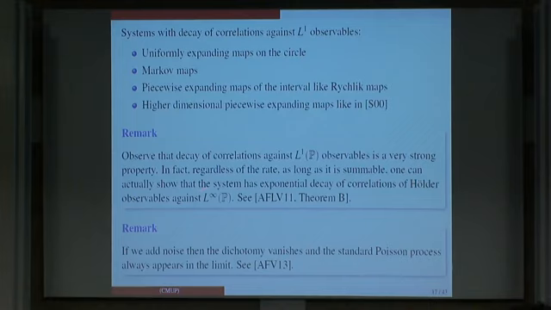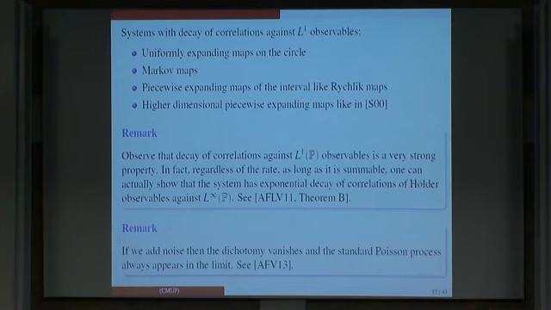The reason is that if you have decay of correlations against L1, then you can build a Young tower, and you can show that in this Young tower, the tail set of the return times is basically determined by the large deviations, which depend on these decay of correlations against L1.